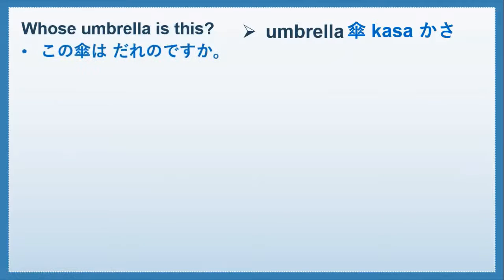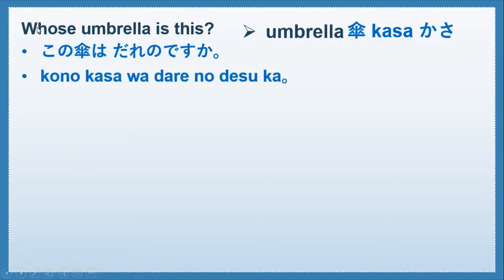Now in Japanese, whose umbrella is this? この傘は誰のですか？So 誰の is whose.